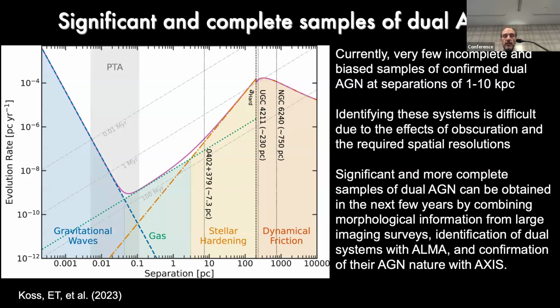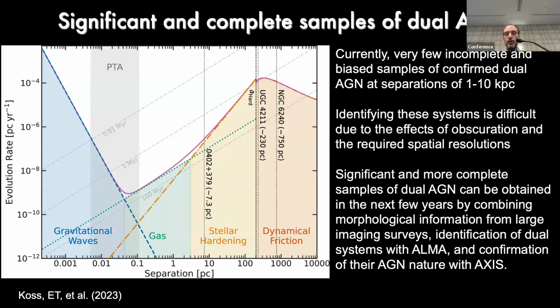But again, this is an area where the multi-wavelength approach and combining observations with, for example, ALMA, with the confirmations that AXIS can provide is very important, and I think we can make significant progress on that.